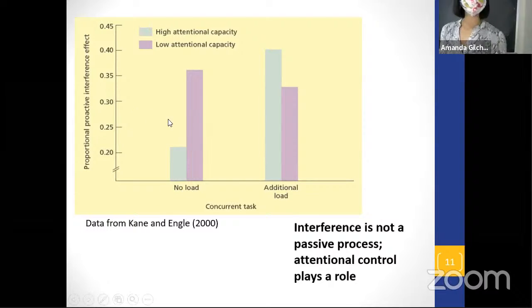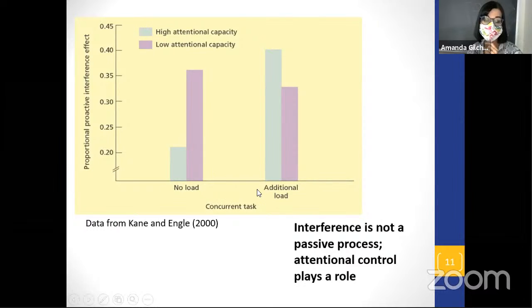And they basically presented people with a test of proactive interference. And then depending on the condition, they either had no cognitive load or they had a different attentional load. So while they were doing this proactive interference task, they had another task that was demanding their attention as well.